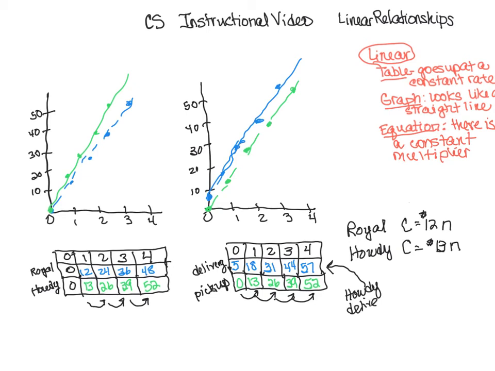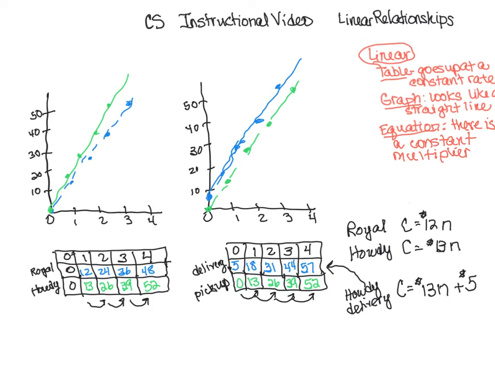How do I know how much that's going to be? So Howdy's delivery would be, I still know they're $13. So here's what we got. The cost equals $13 times the number of pizzas. But I know that to that price, I'm adding $5. And that's what that equation would look like.